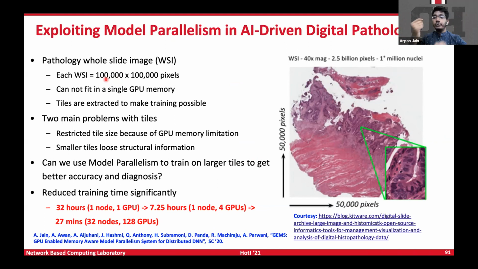They had to train the model with very small images like 256 or 512. So that is why we worked with them, and using GEMS, we were able to train the model on larger tiles to get better accuracy and diagnosis. We decreased the training time from 32 hours to just 27 minutes using our implementation.